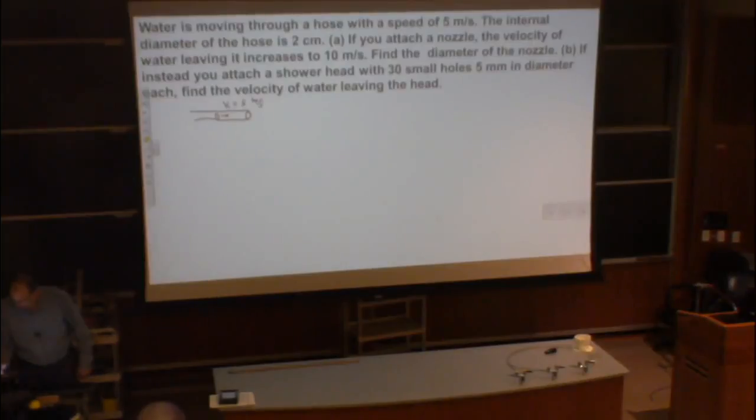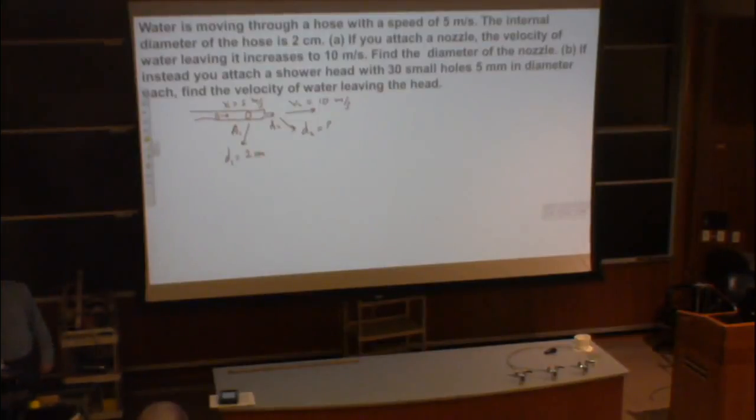We attach a nozzle, so it's getting narrower. This is A1, this is A2. And that speed should be higher, of course. Actually, we know it. 10 meters per second. Okay. And what are we looking for? The diameter, d2, because d1 is given, 2 centimeters.